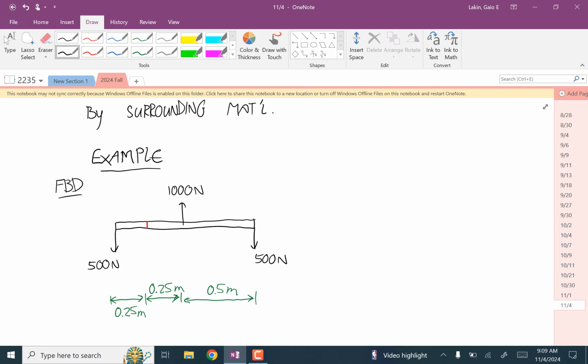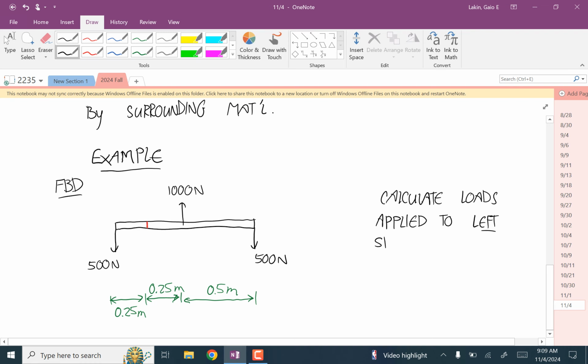And so what we want to do is calculate the loads applied to the left side of that red line by the right side.